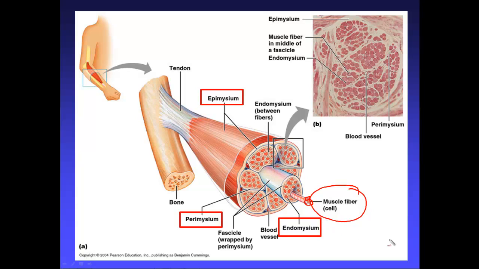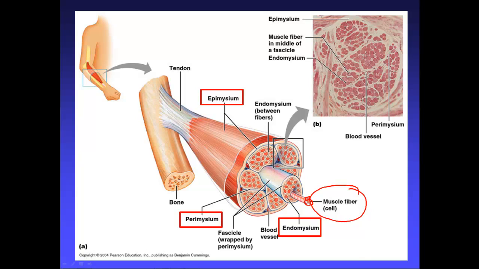Endomysium. The prefix endo means within. And the portion of the word my refers to the muscle itself. A myofibril is an example of a muscle tissue protein contained within a muscle cell. So the endomysium is the connective tissue layer that wraps individual muscle cells, and it basically partitions them off from each other.